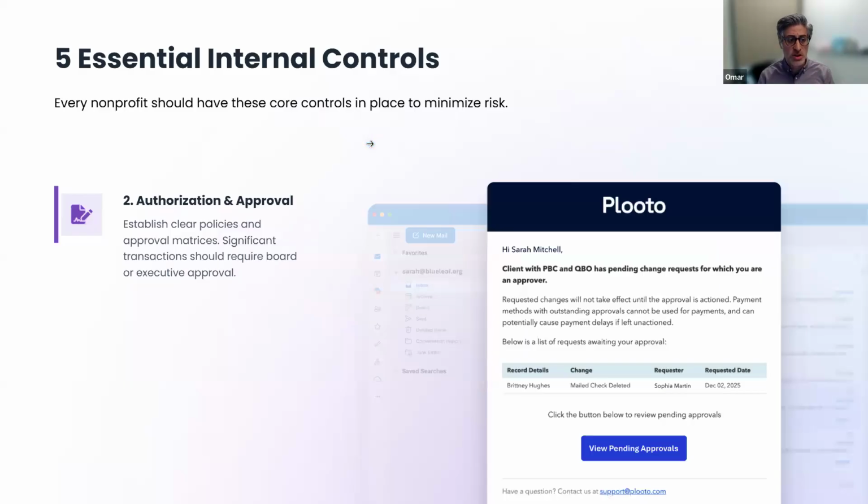Authorizations and approvals. So establishing clear policies and approval matrices is something that you'll want to have documented. And again, approved by the board, it should be documented. But you can effectively implement those rules within Pluto.